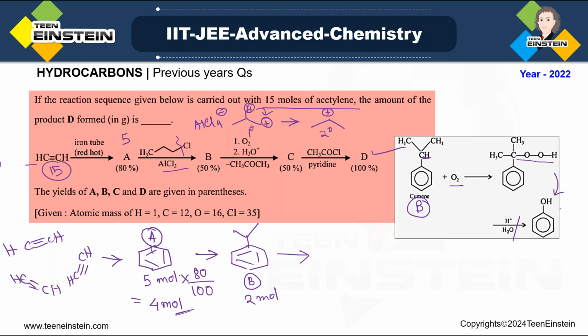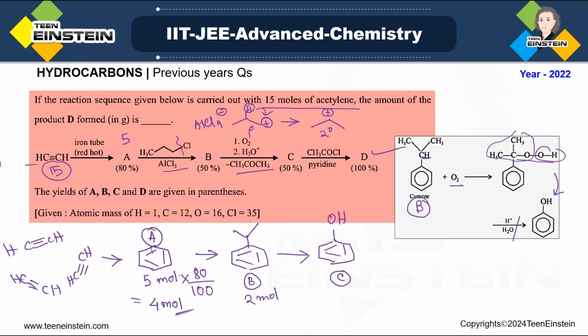Finally, there will be rearrangement and it is as if this portion is removed and only OH is there. So that is why it is mentioned here that one acetone fragment is removed. So your product is phenol. So C must be phenol.